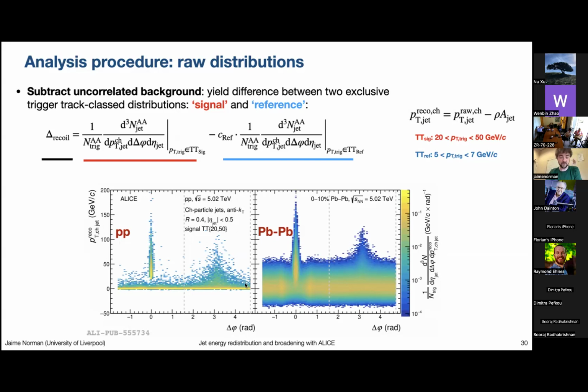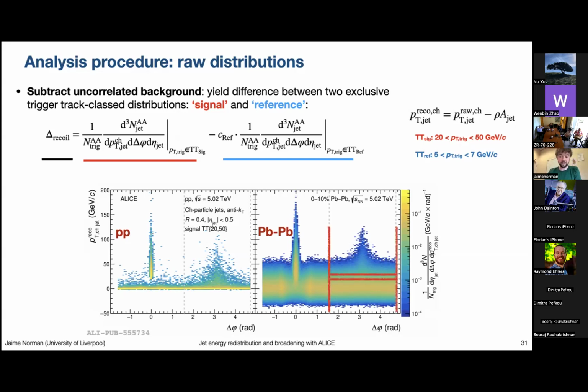We just focus on the back-to-back region, around delta phi equals pi, where we see in both proton-proton and lead-lead collisions this broad structure, which are the jets recoiling from this trigger hadron.